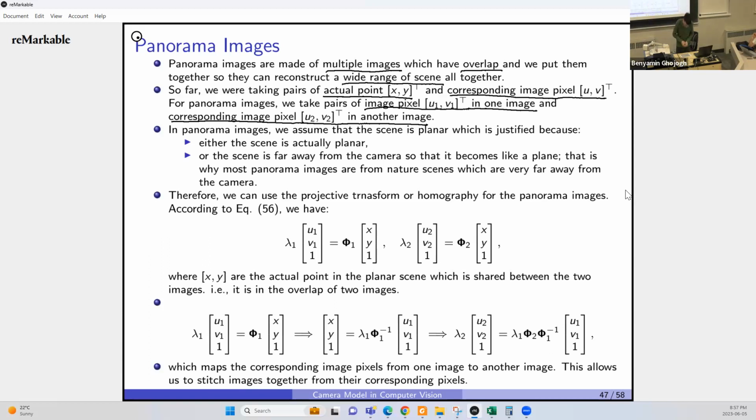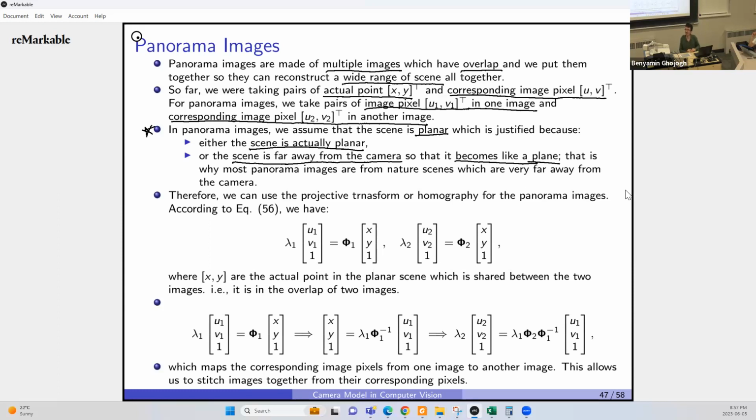Okay, in the overlap. So in panorama images, we assume that the scene is planar. Why do we do this? This is one assumption made in panorama, and this is justified because either the scene is actually planar, or the scene is very far away from the camera, so that it behaves like a plane.